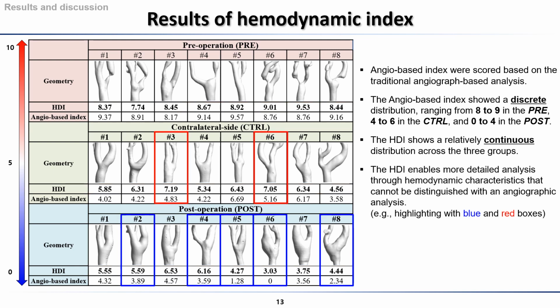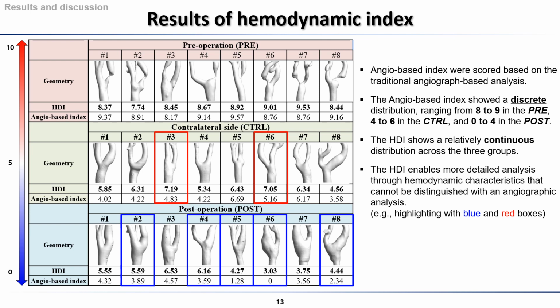For example, the models highlighted in the red boxes have an angio-based index close to 5, but the HDI is close to 7. This can be interpreted as the models having no problem from the morphological point of view. However, from the hemodynamic point of view, there are some factors that promoted stenosis in the internal flow.